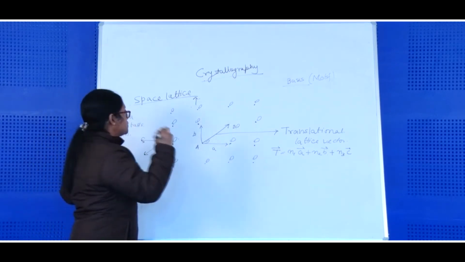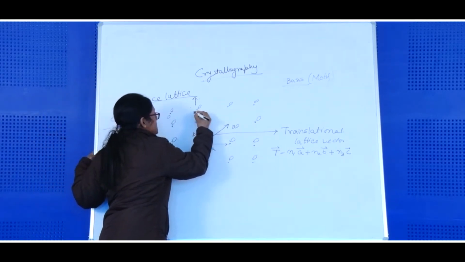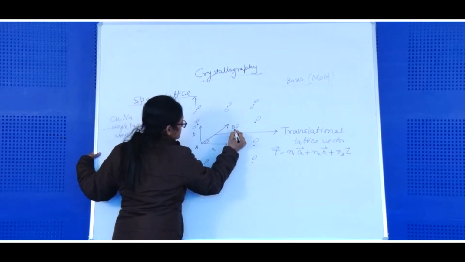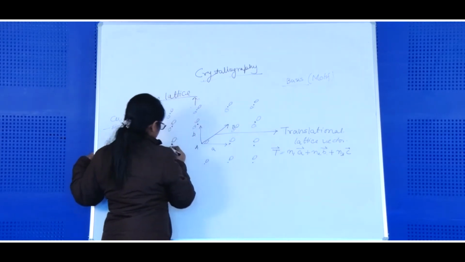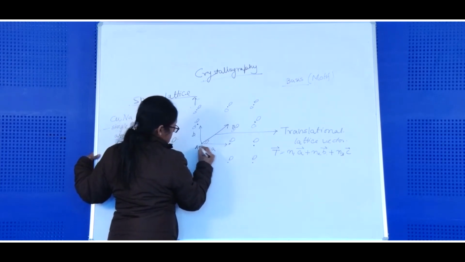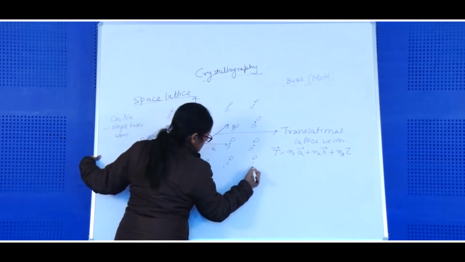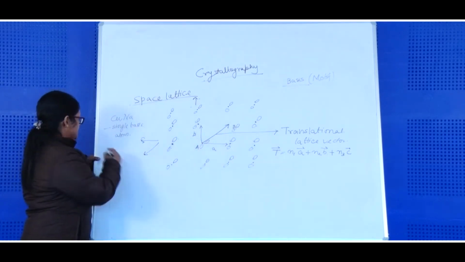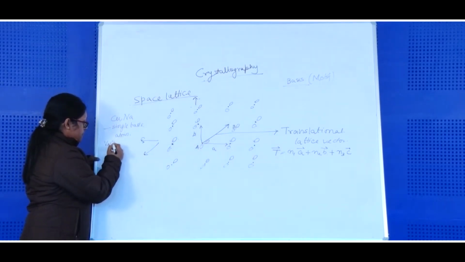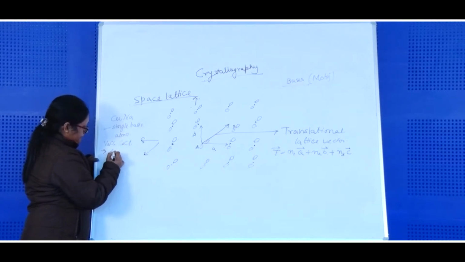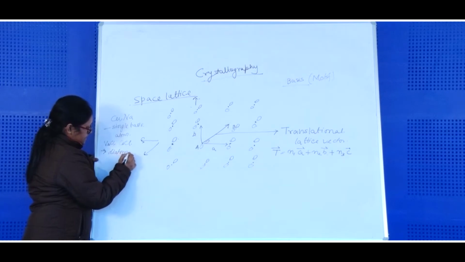If there are 2 atoms at each lattice point, then it is called a diatomic basis. For example, sodium chloride and cesium chloride are diatomic bases.